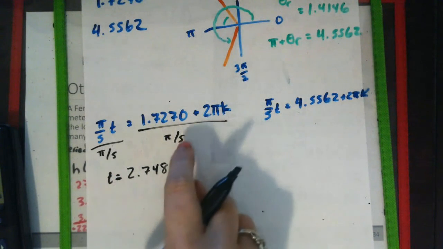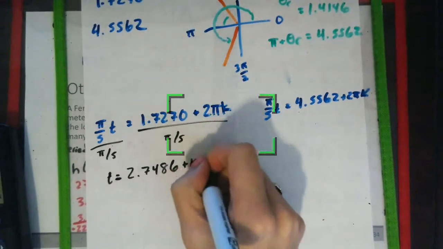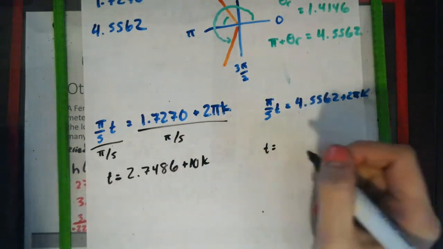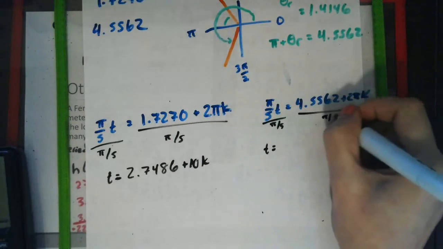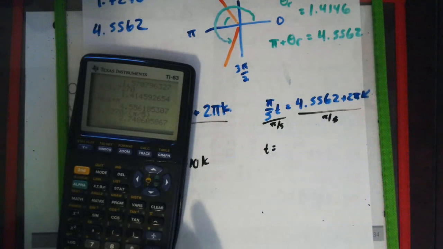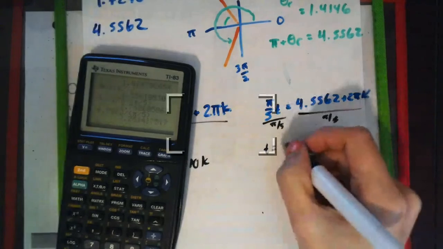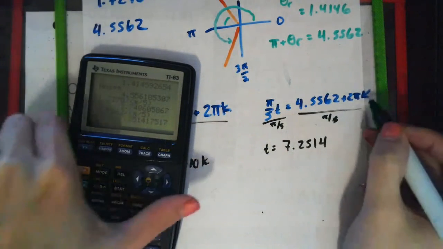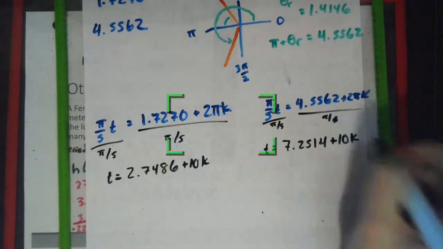And then 2 pi divided by pi over 5 is just 10. And we still have the k out back. Working on the other one, we get t equals 4.5562 divided by pi over 5, which is equal to 7.2514. And 2 pi k divided by pi over 5 is 10 k.